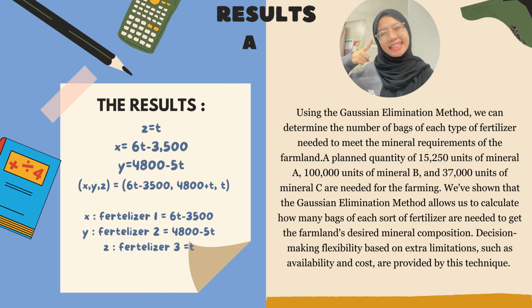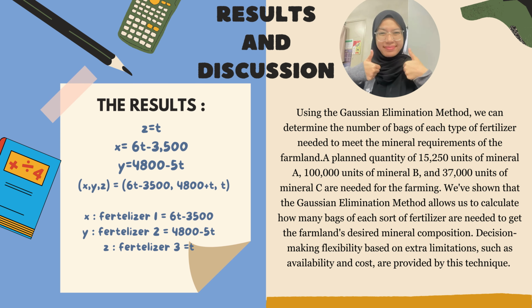For this question, the result is z equals t, x equals 60t minus 3,500, y equals 4,800 minus 5t, where x represents fertilizer 1, y represents fertilizer 2, and z represents fertilizer 3.